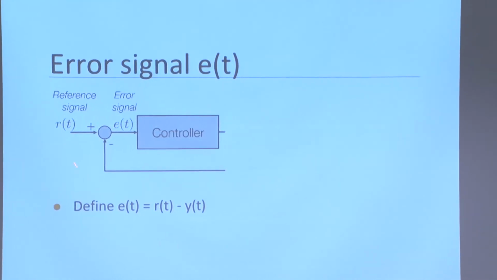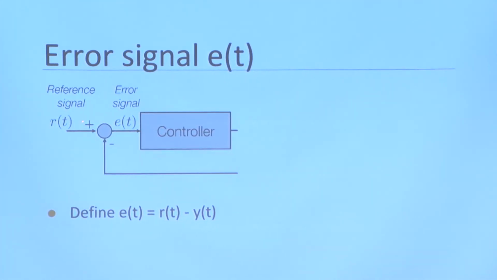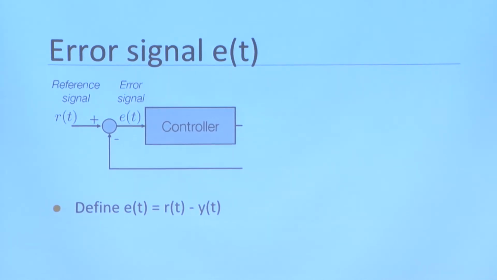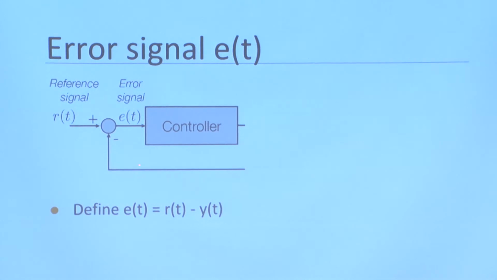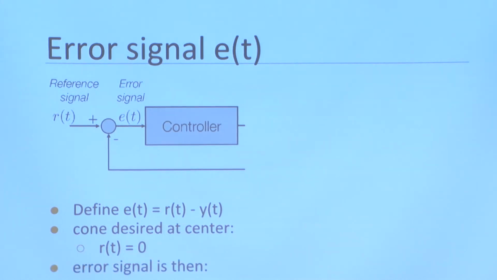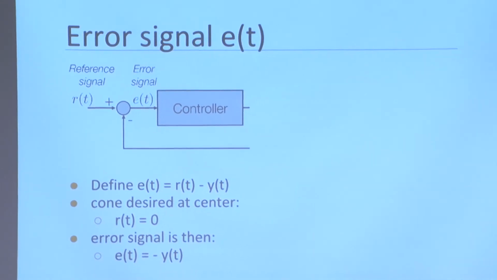Well, this signal means sum, and in here we can see what signs are. So we're going to add R of t and subtract y of t, which came from over here. And this is going to give us our error signal. And since we want the cone at the center, we're going to say R of t is equal to 0, which means our error signal is then the opposite sign of y of t.